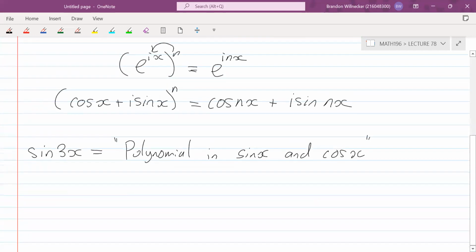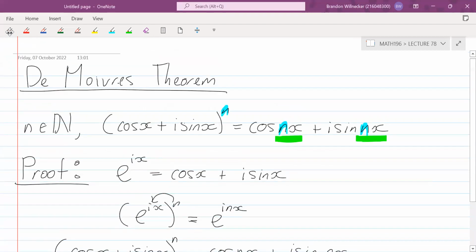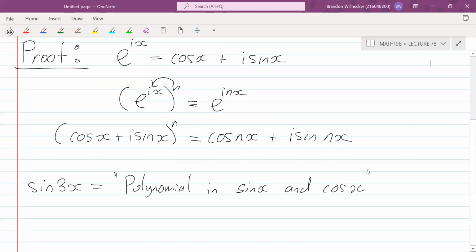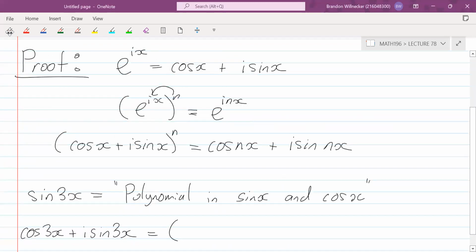We want sin 3x, that's the goal, but let's consider this full expression with sine and cosine. We know that cos 3x + i sin 3x, where the imaginary part is what we're looking for, is equal to the left-hand side here.